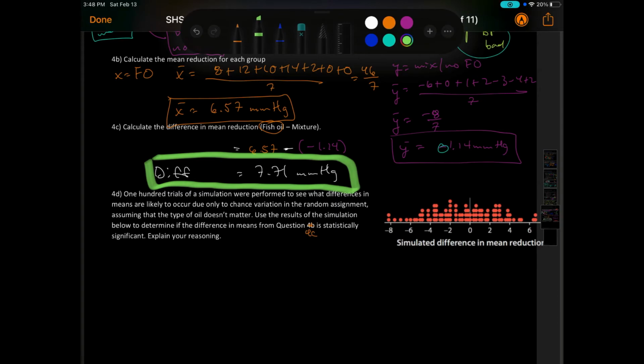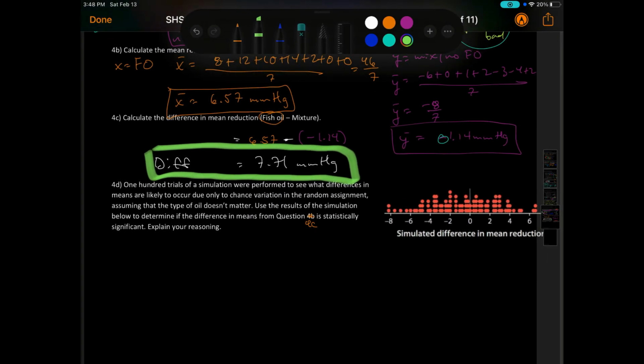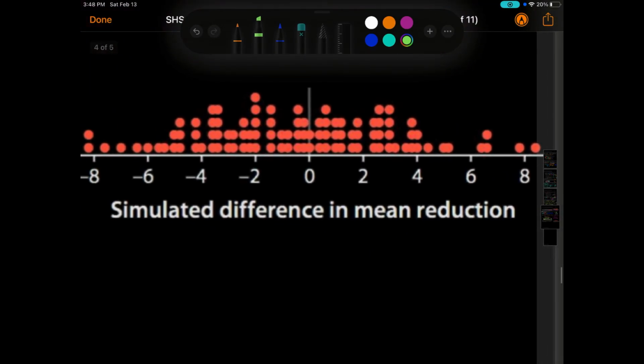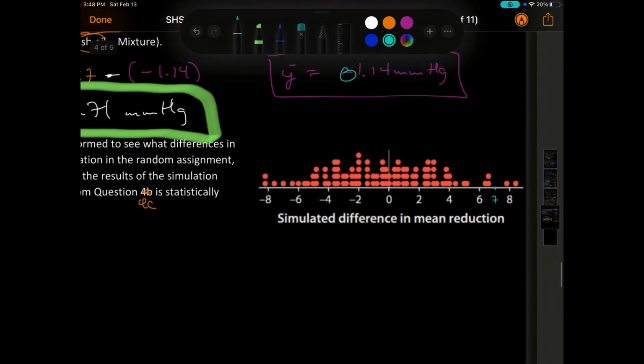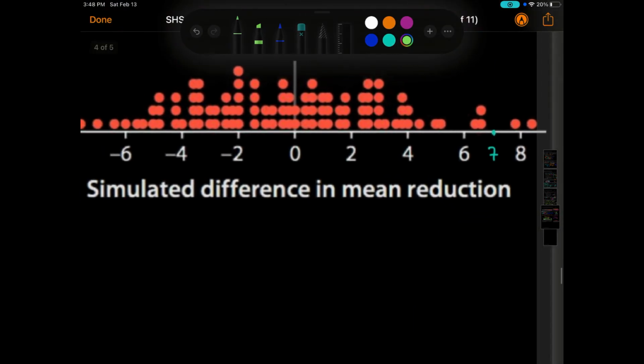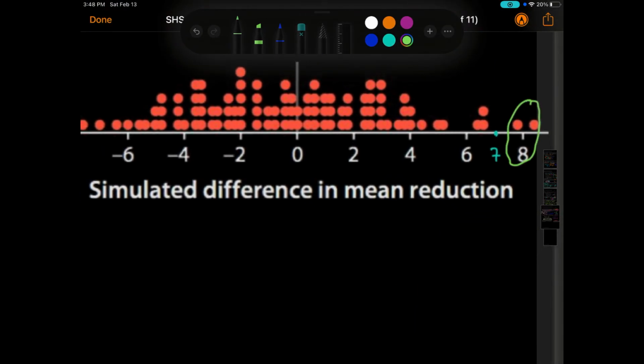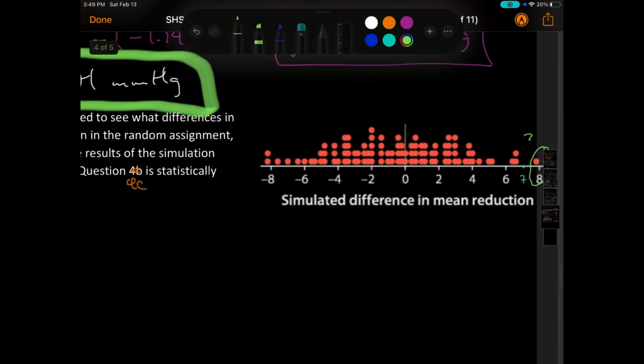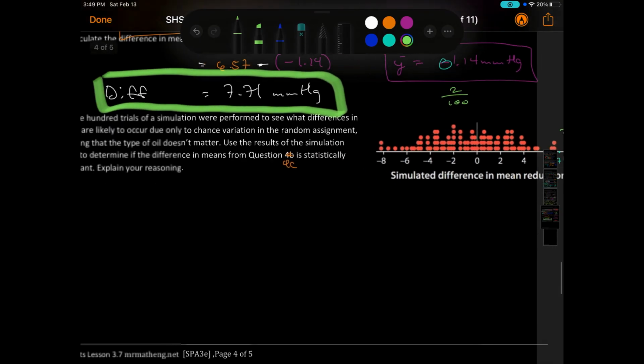So let's go and find 7.71. Let me use my pen here. So here is 7, and that number, 7.71, and anything higher than that, I'm going to assume that's like 2 of them. Would you guys agree? So this is 2, and really there's 100 dots, so 2 out of 100.